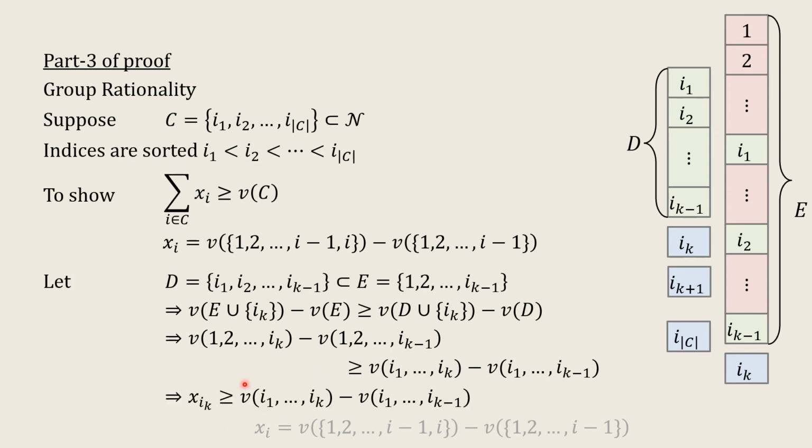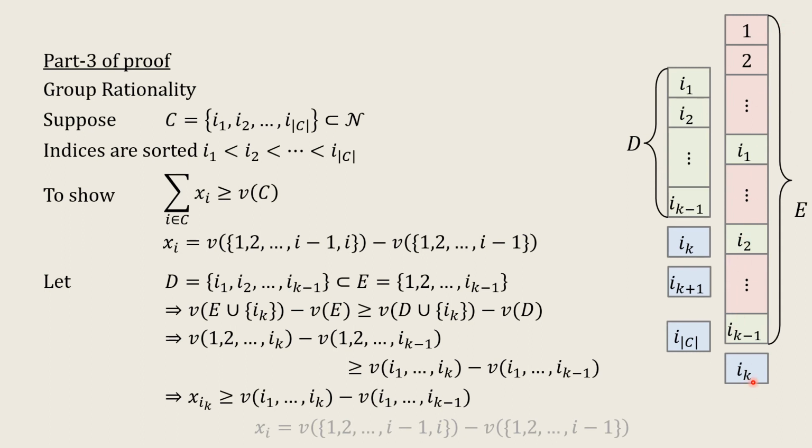Now, by definition, the way we formulated x sub I, what's on the left-hand side is x sub ik. It's the marginal contribution of ik to this coalition 1 through ik minus 1.